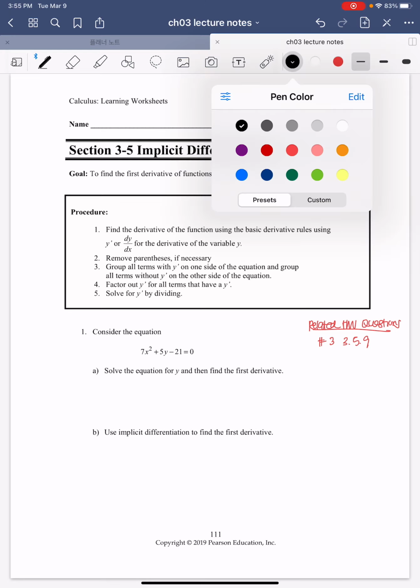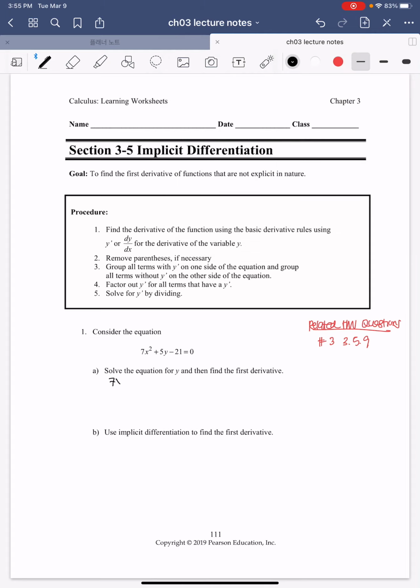Okay, so let's do the first one, the traditional way. I need to rewrite this equation so I have y by itself so we can take the derivative. So if I have 7x squared plus 5y minus 21 equals 0, add 21: 7x squared plus 5y equals 21. Subtract 7x squared, so I have 5y equals negative 7x squared plus 21, divided by 5.